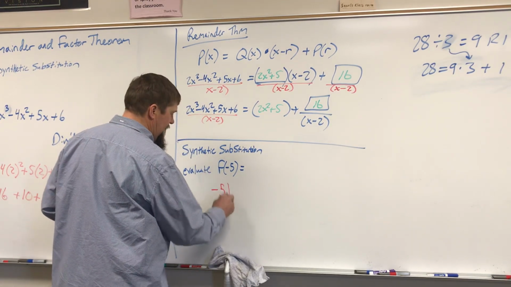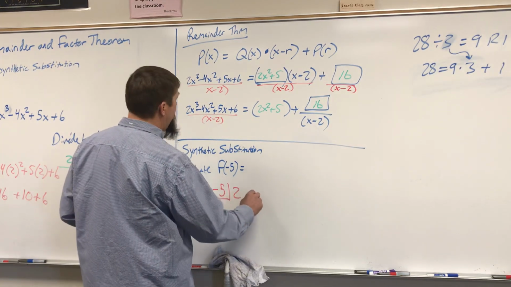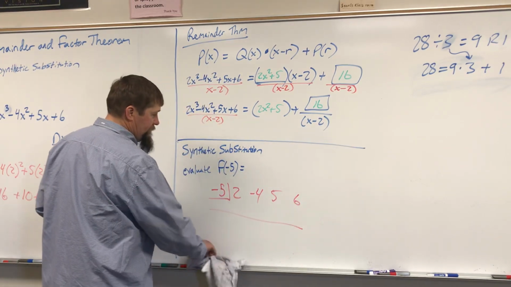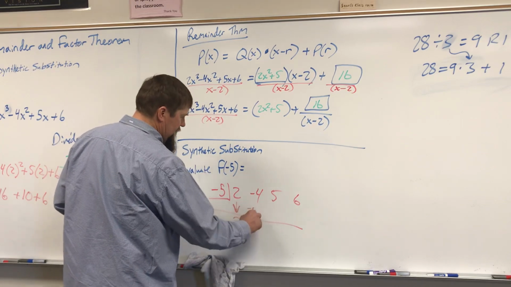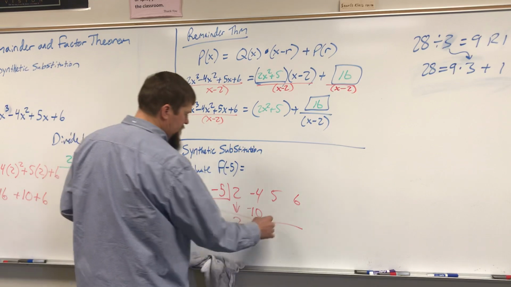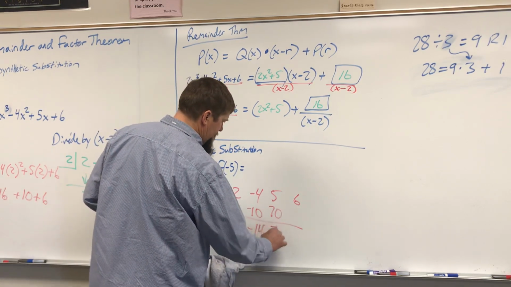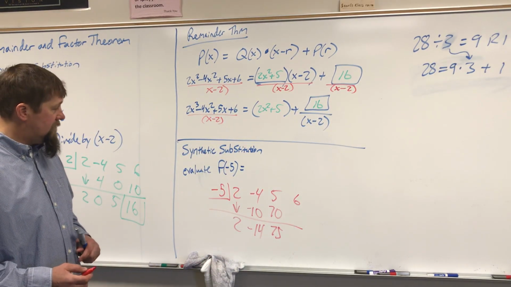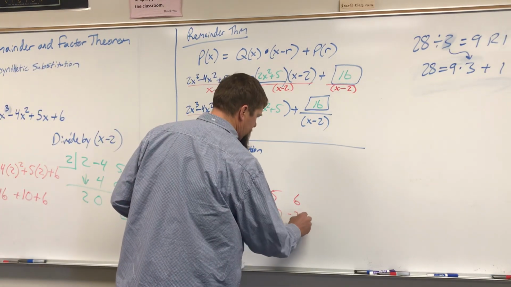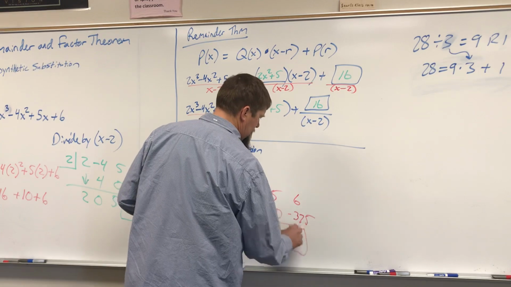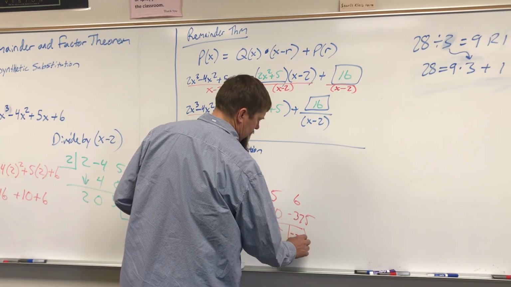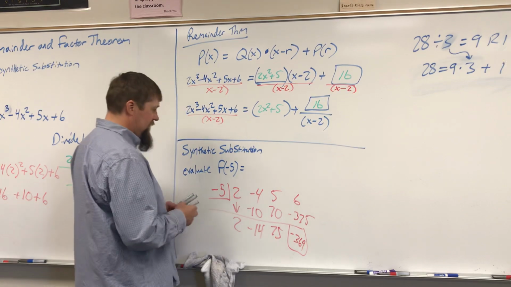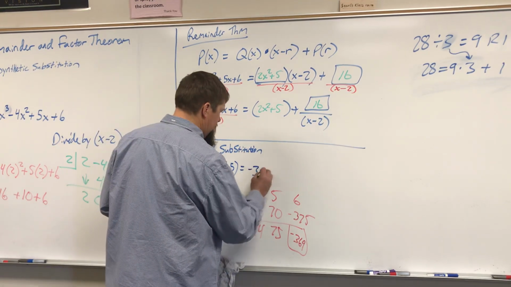So I would put negative 5 into the box, put the coefficients of the terms in here, just like we did, and evaluate. I drop the 2, negative 10, negative 14, multiply, that would be 70, 75, multiply, 75 times 5 is 375, so negative 375, which gives me negative 369.